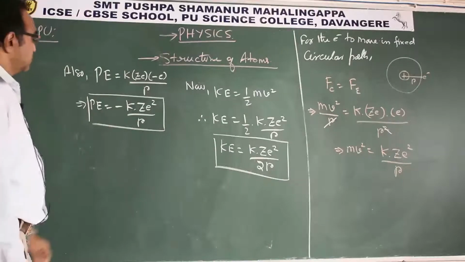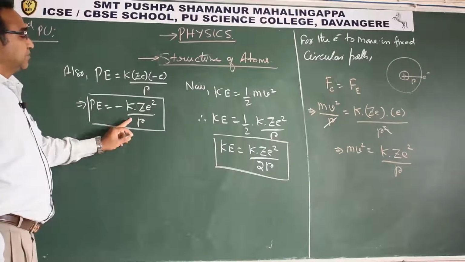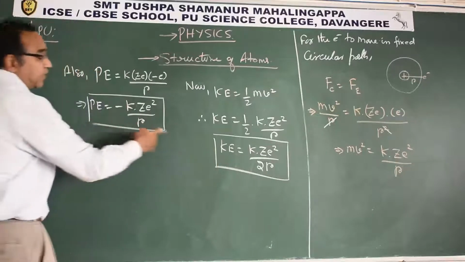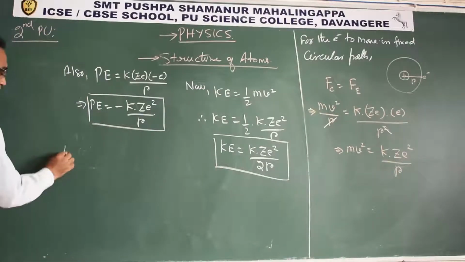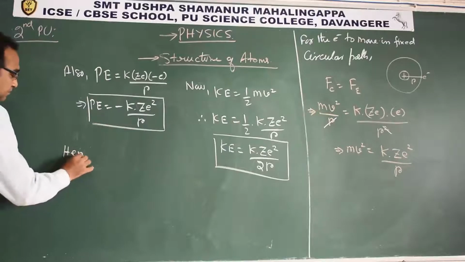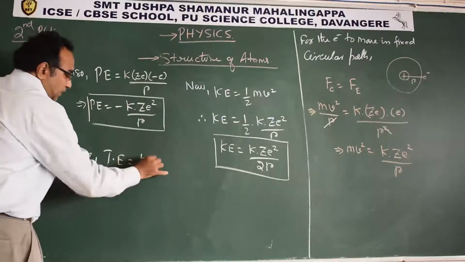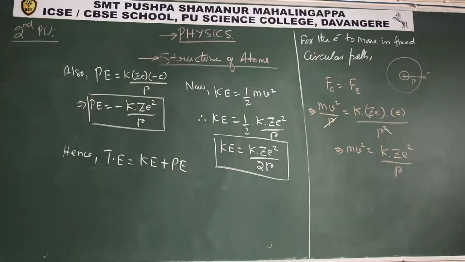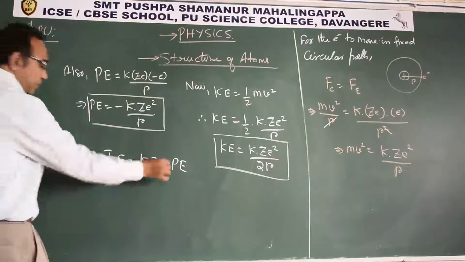Now, minus k Z square by r, right? So you can correlate potential energy and kinetic energy. Then comes total energy. Total energy is kinetic energy plus potential energy.